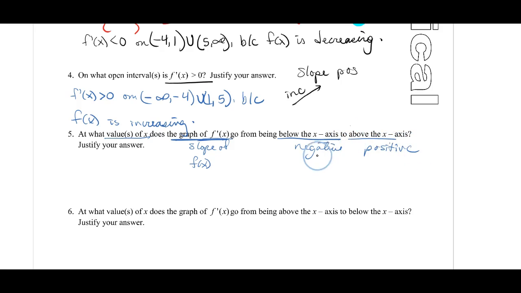And what value comes between negative and positive? Well, 0 does. So I'm asking, when is my derivative 0, and specifically when does it change from negative to positive? And remembering, if my derivative, which is my slope, is negative and then becomes 0 and then becomes positive, this is going to happen at a relative minimum.